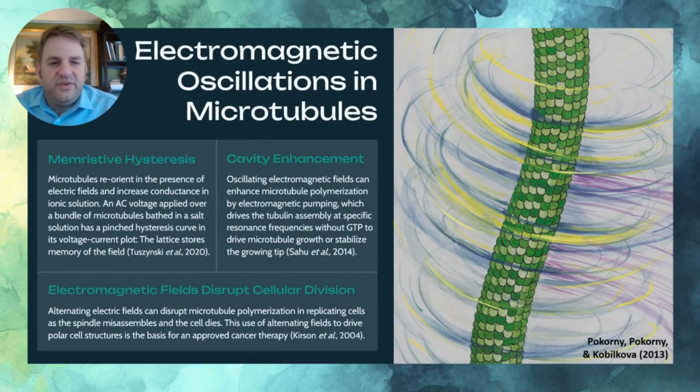So let's get back to these electromagnetic oscillations in microtubules. As I've discussed, microtubules have very interesting mechanically dynamic properties, and their electrical and electrostatic properties also suggest very interesting electrodynamic properties as well.